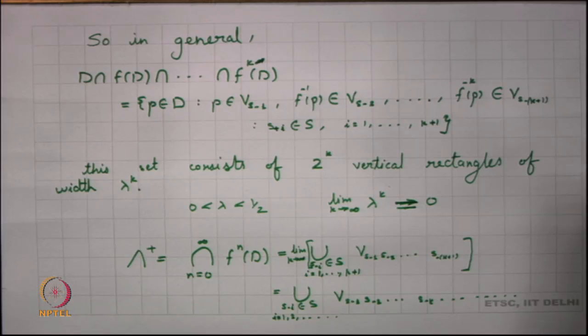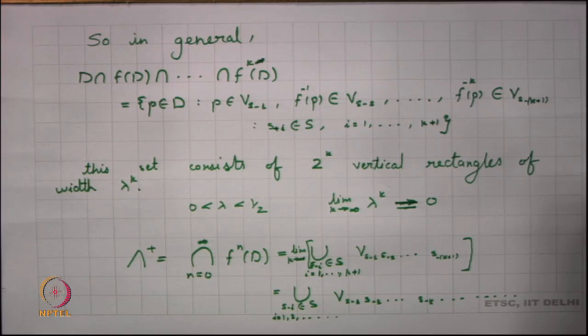For each sequence that you can get from S, where our S is the set 0, 1, you get a vertical line labeled by that particular sequence, and the union of all these vertical lines happens to be your lambda plus.